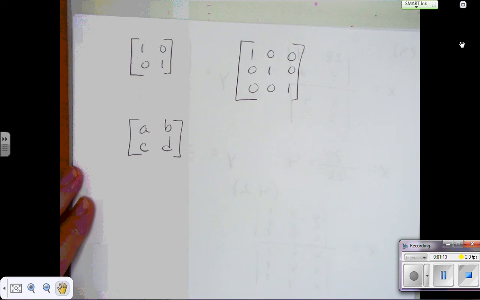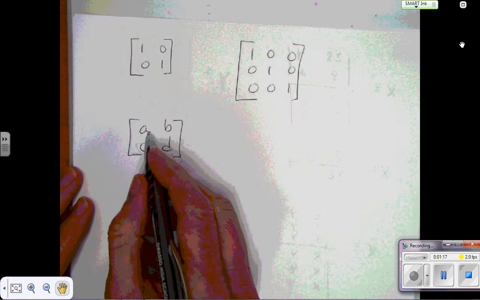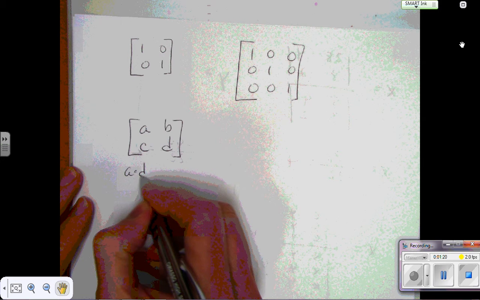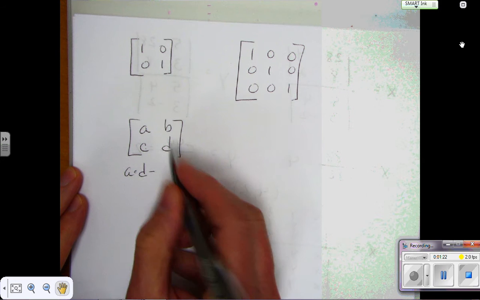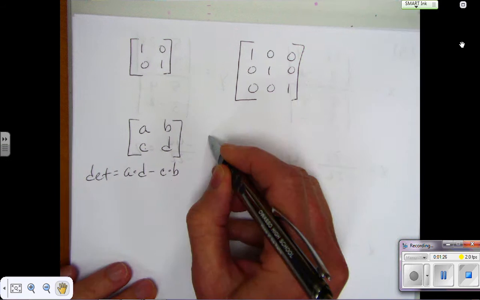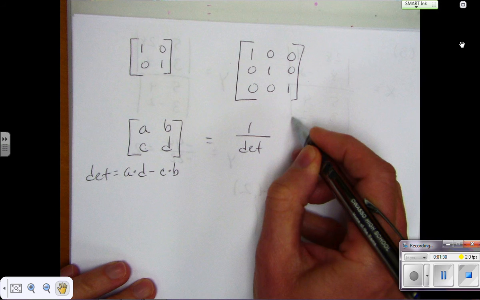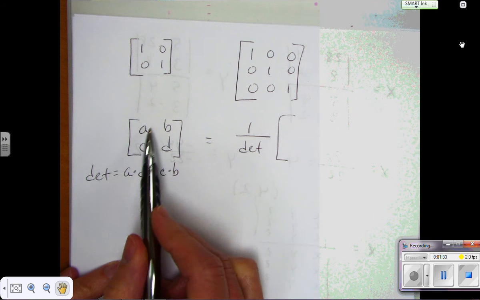the first thing you do to get the inverse is find the determinant. So A times D minus C times B. That's your determinant. Okay, so the inverse is going to be 1 over the determinant times, then you're going to rearrange some of this in the matrix.